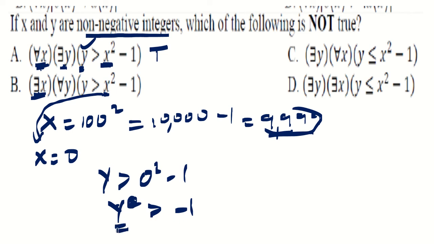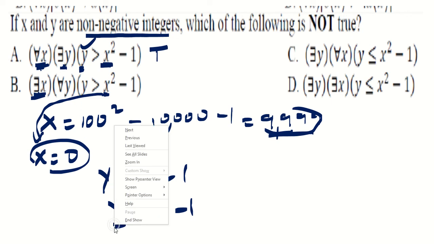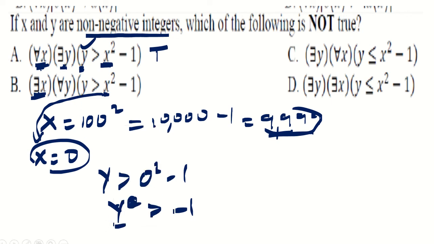For every y, we fixed the x value, because it says there exists x. There is one number x which is 0, and if we insert it in place of x, it works for all y. That is true, because y is a non-negative integer, including 0, and any non-negative integer is greater than negative 1.